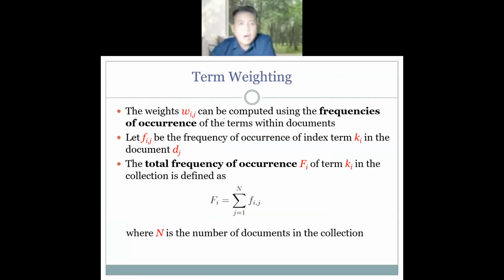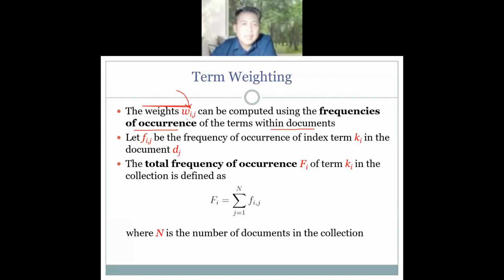So how do we compute the weightage for a keyword in document J? We use the number of occurrences, or the frequency of occurrence, of the term within the document. If it exists 5 times in a document, the weightage will be 5.